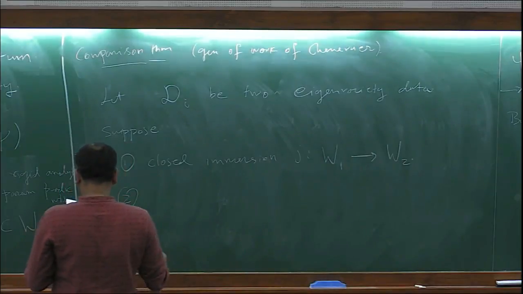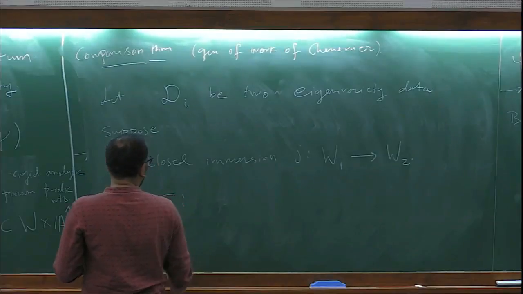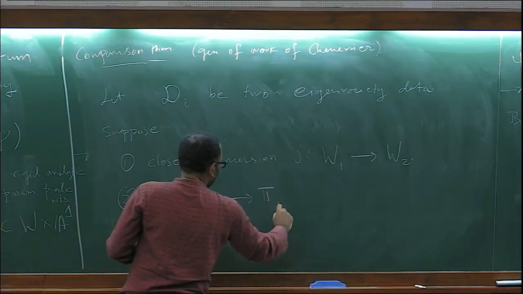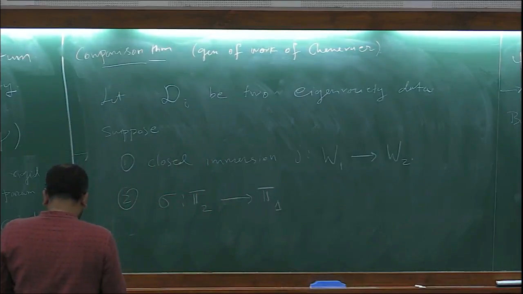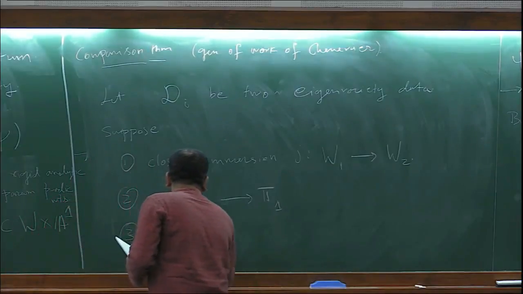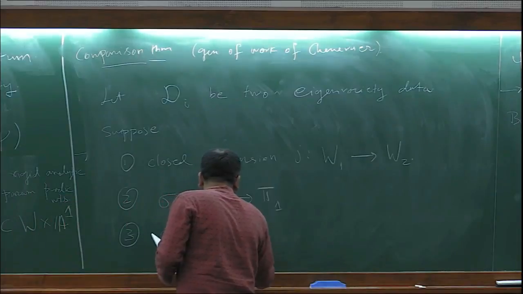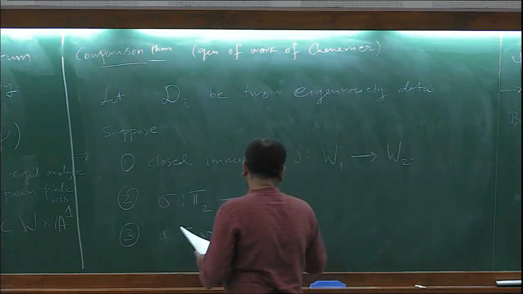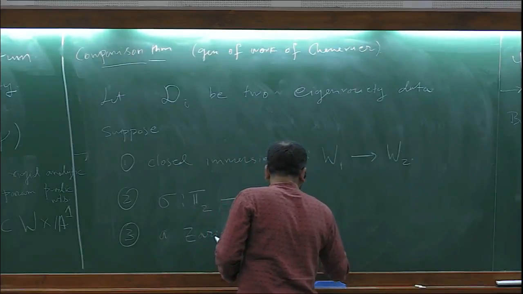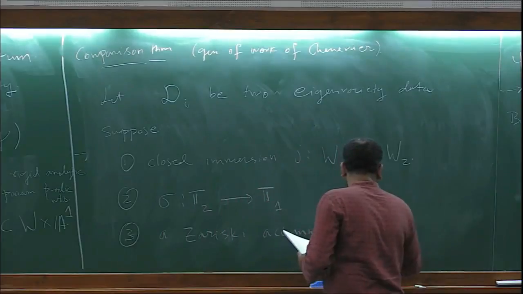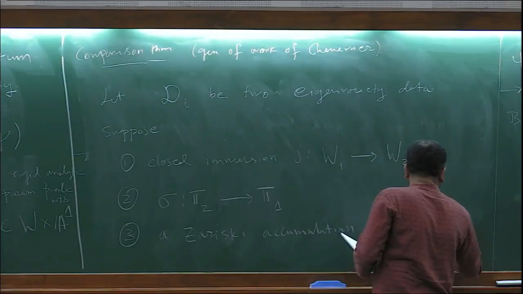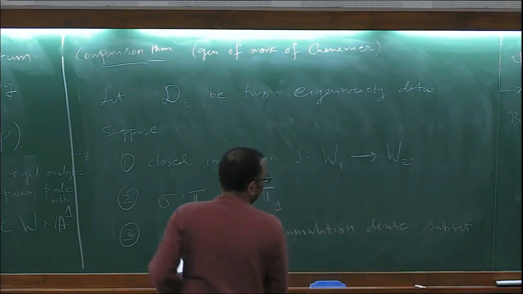Second, you have a homomorphism sigma between the Hecke algebras, in the opposite direction, so you have a map from T2 to T1. And third, a Zariski accumulation dense subset of the spectral variety. Zariski accumulation dense is a stronger version of Zariski dense.